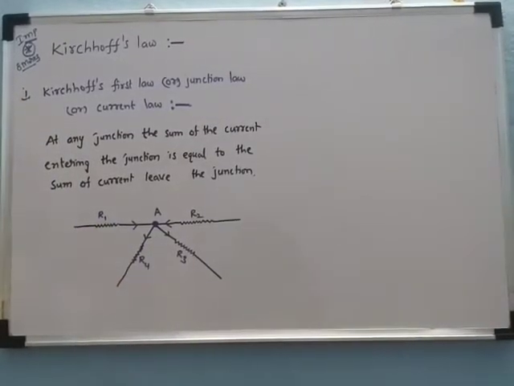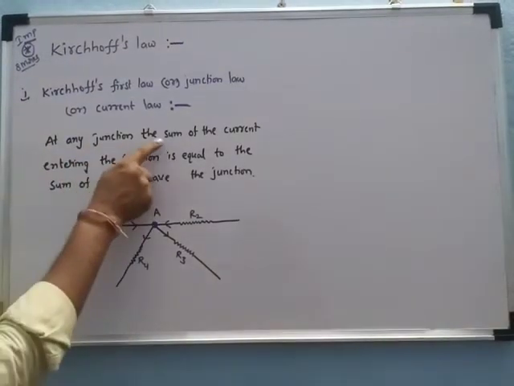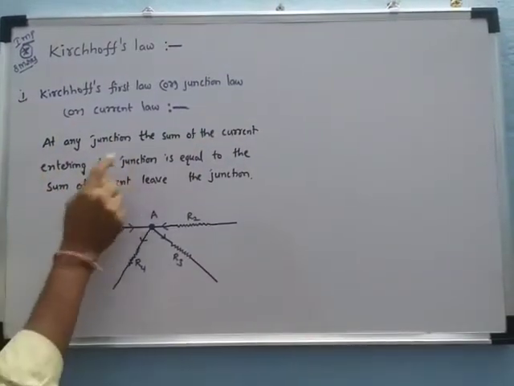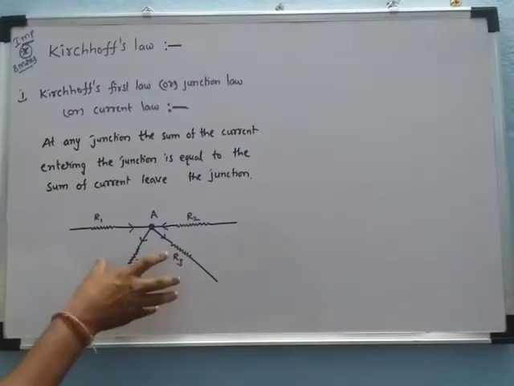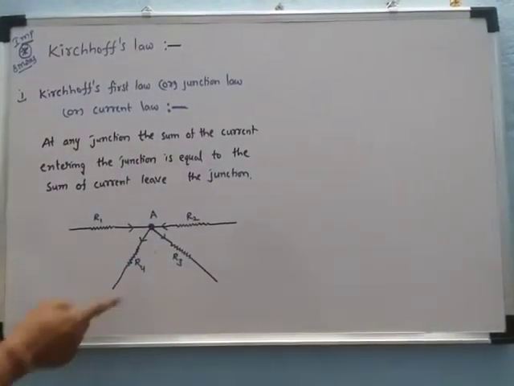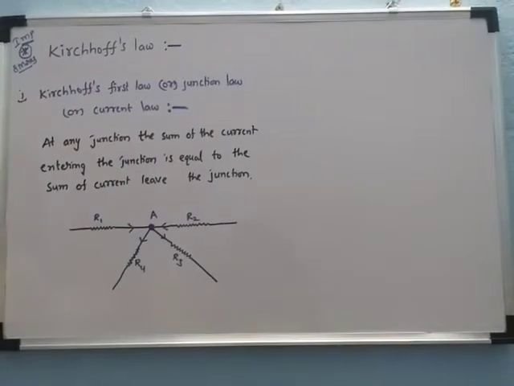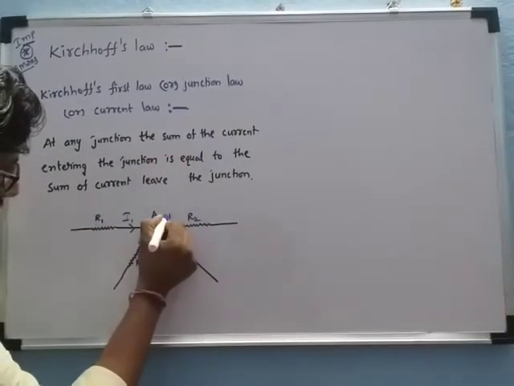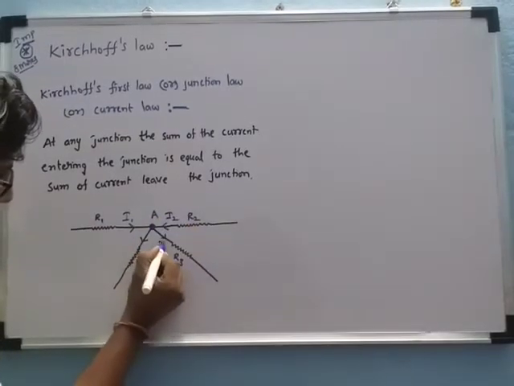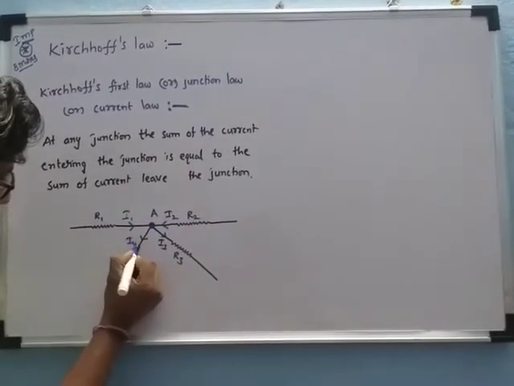See, what is the statement? At any junction, the sum of the current entering the junction is equal to the sum of the current leaving the junction. Now how many currents are there? This current is I1, this is I2, this is I3, and this is I4.